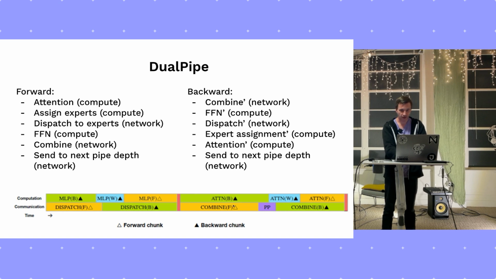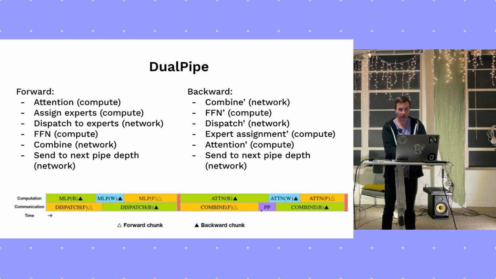On the right side, I believe it is also the case, right? If you remove attention W here, after we're doing attention B, we need to send to the next pipe depth. This is blocking before we can do combine, right? So some pipelining will have to happen here before we combine, and to combine, some pipelining before attention F. But presumably, you can fully overlay it: you do combine F, then while you're sending to the next pipe depth, attention B is still being computed.